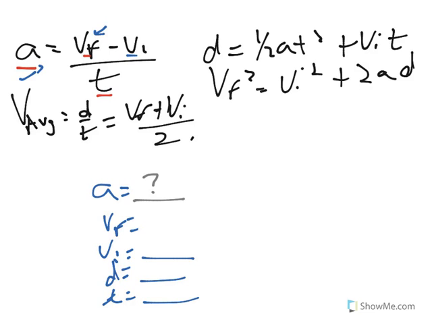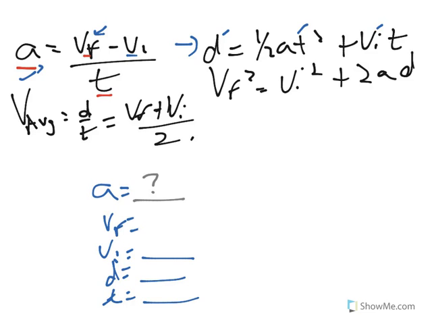The only formula I could use to solve for a would be the second one, because you would have distance, time, and initial velocity, and you would be solving for the one unknown, acceleration.